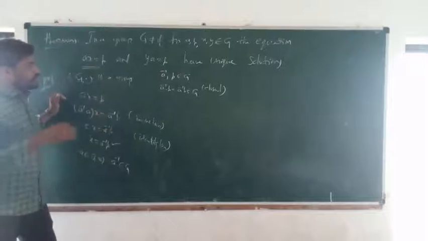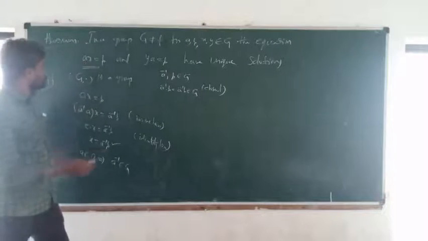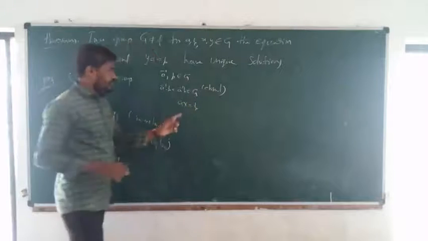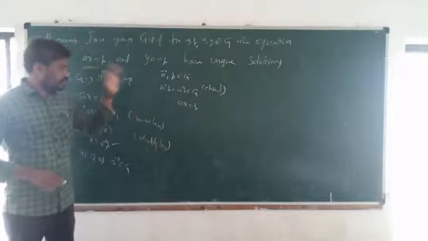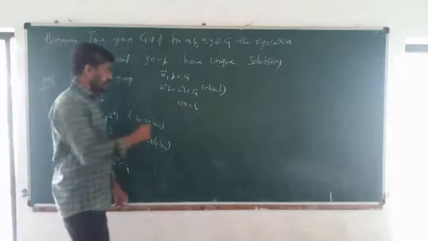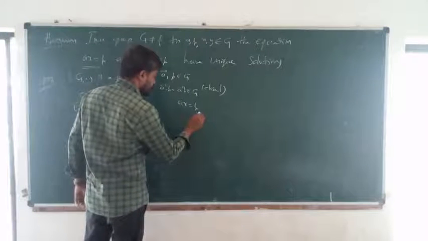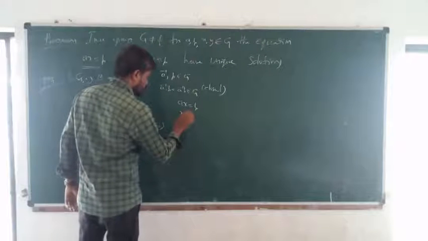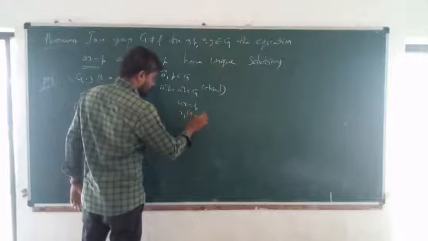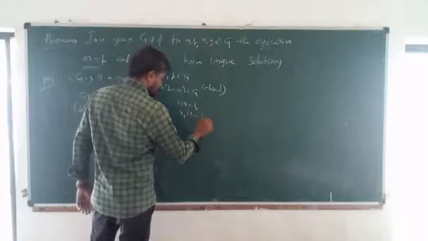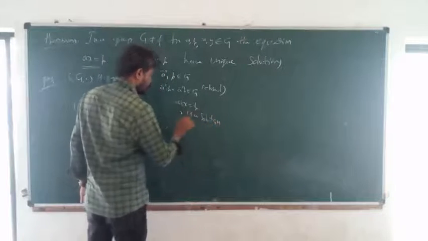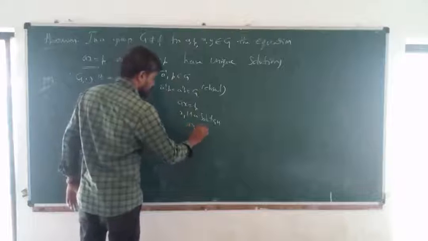Next, you can select more x values. So what is the condition? ax equal to b. If possible, in this solution, I am selecting x1 as a solution of this equation. So ax1 equal to b.